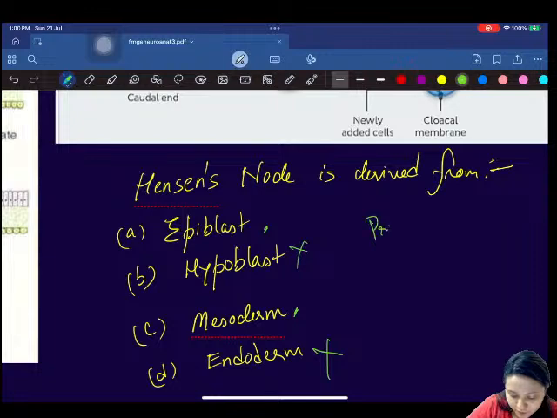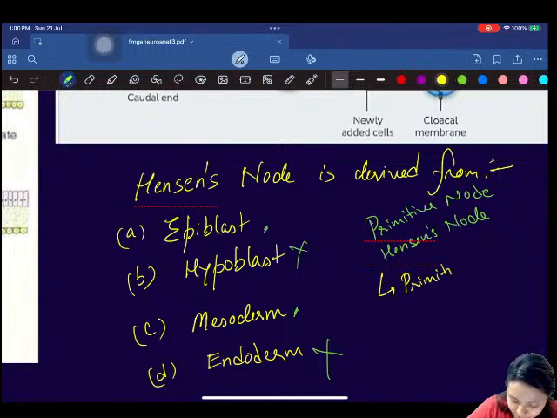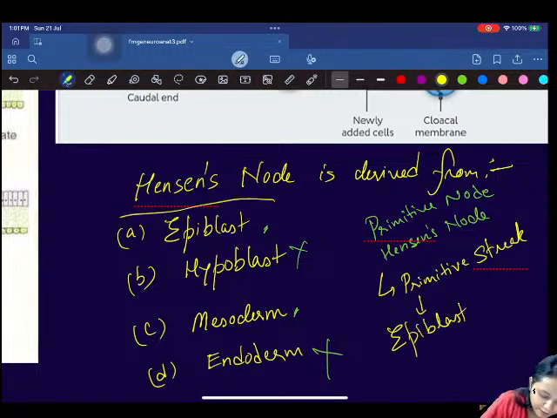Just now I told you, the primitive node is also known as Hansen's node, and the primitive node develops from your primitive streak. Now the primitive streak is arising from your epiblast. So the answer will be your epiblast.